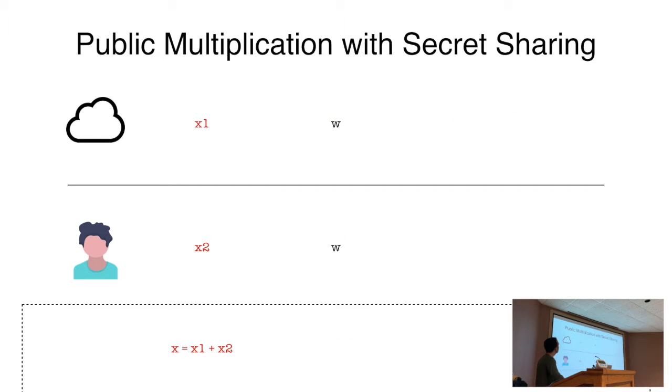Doing this with public multiplication is actually somewhat similar. You can essentially just multiply w onto the share. So if you had an x secret shared between two servers and a public value w that both of them knew, you could multiply that w onto the shares themselves, and then if you were to reconstruct them, you'll end up with z1 plus z2, which is x times w in this case.